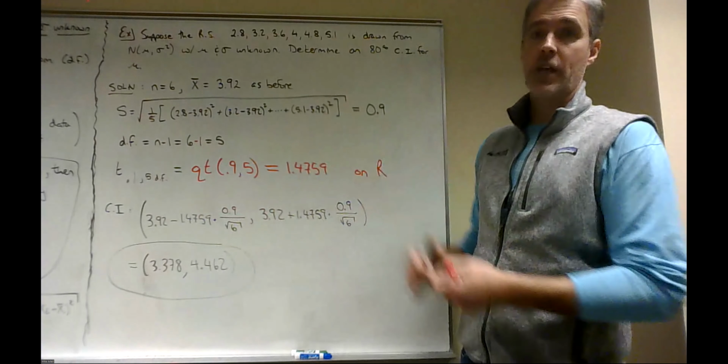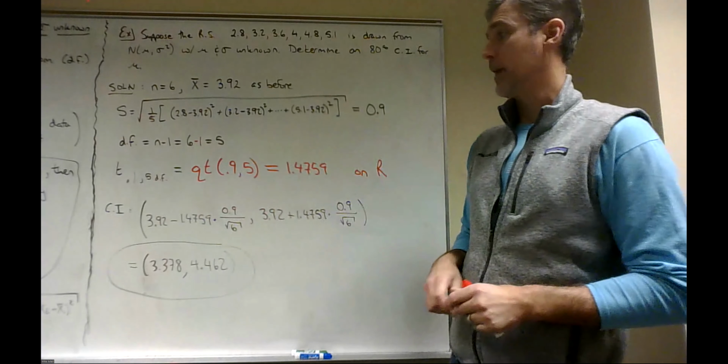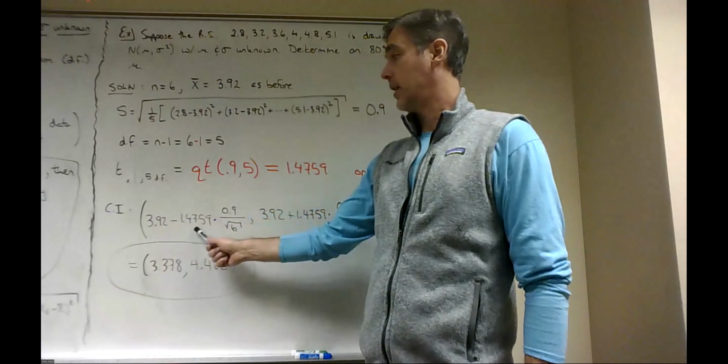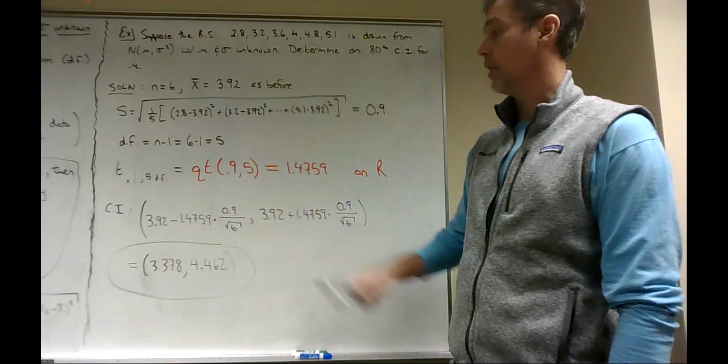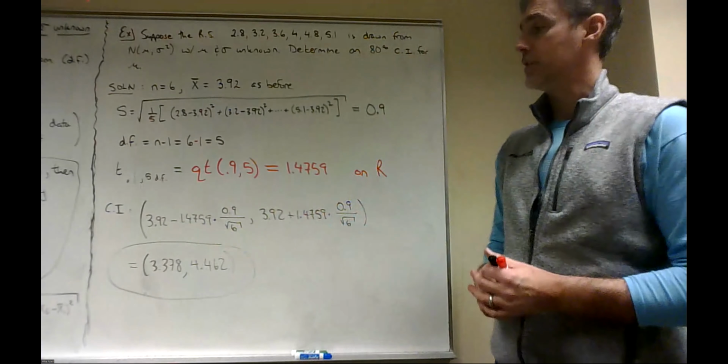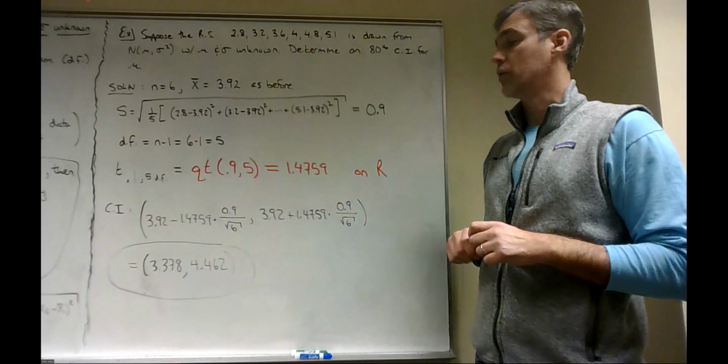Now I can simply use the formula you've copied down from the previous panel: x bar minus my q value times s over root n, and then the same thing with plus. I get the confidence interval 3.378 to 4.462.